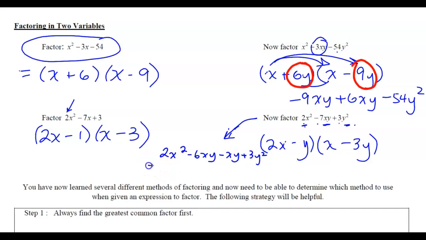Then when we factor by grouping, we'd factor out the 2x. We'd be left with x minus 3y. And then we factor out a negative y, and we'd be left with x minus 3y. And so you can see it works its way through.